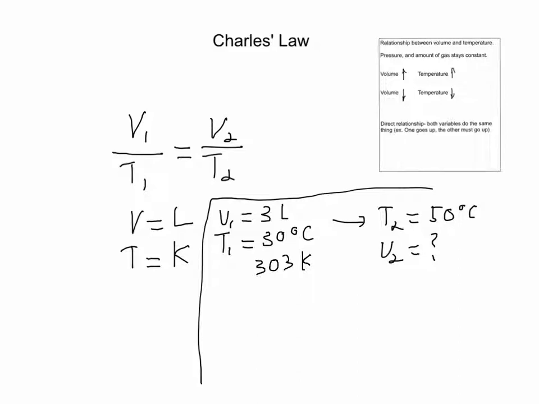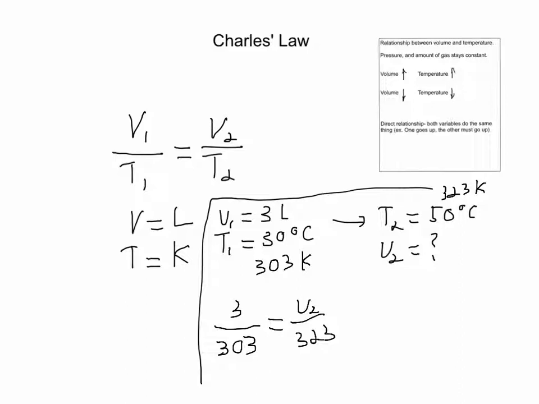And for the T2, I get 323 Kelvin. So let's plug into the formula. V1 is 3, T1 is 303, equals, we don't know V2, I'm going to leave it as a variable, but we know T2, which is 323 Kelvin.